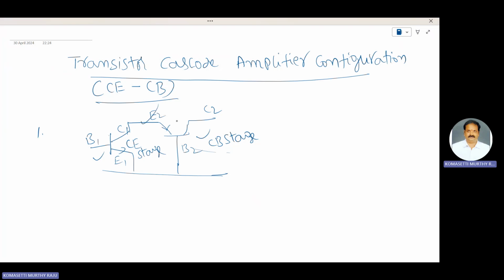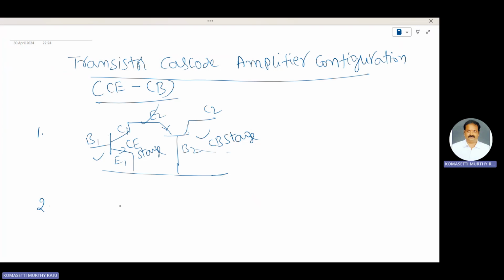That means they are direct coupled to each other and combine some of the features of both the amplifiers. CE has some advantages and disadvantages. CB has some advantages and disadvantages. With the help of the cascode amplifier configuration, we combine some of the features of both the amplifiers.